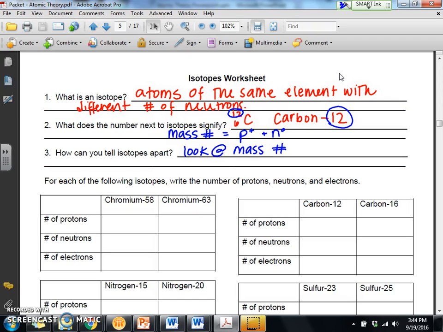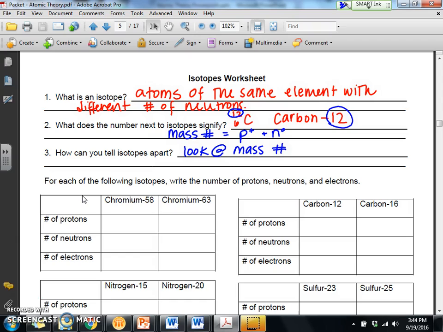Okay? So let's look at isotopes of different elements and figure out if we can determine how many protons, neutrons, and electrons are in that isotope. Let's look at this first one right here with chromium. If you look at your pink periodic table, you'll see that chromium is number 24 on the periodic table.